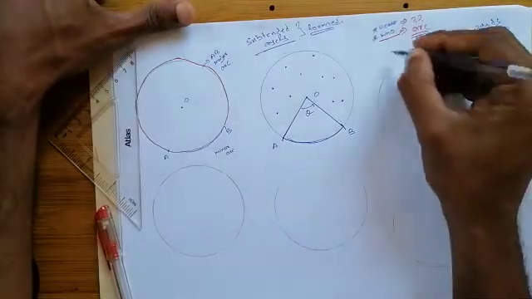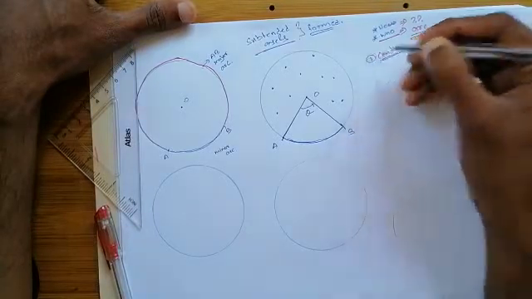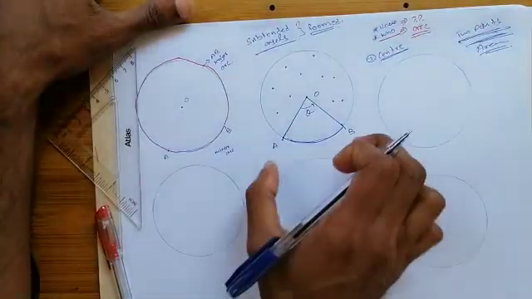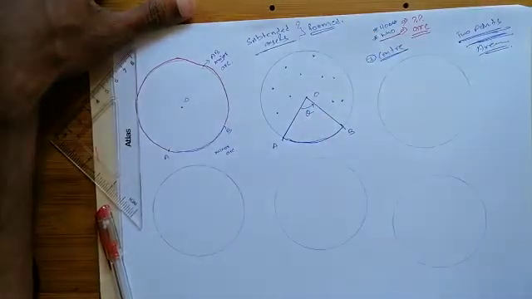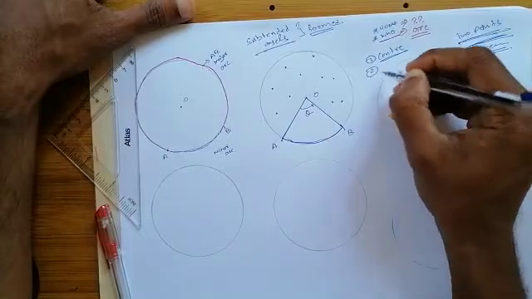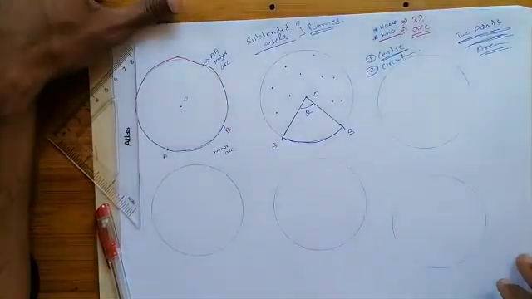One of the areas is the center of the circle. An arc can form an angle at the center. The second is the circumference.